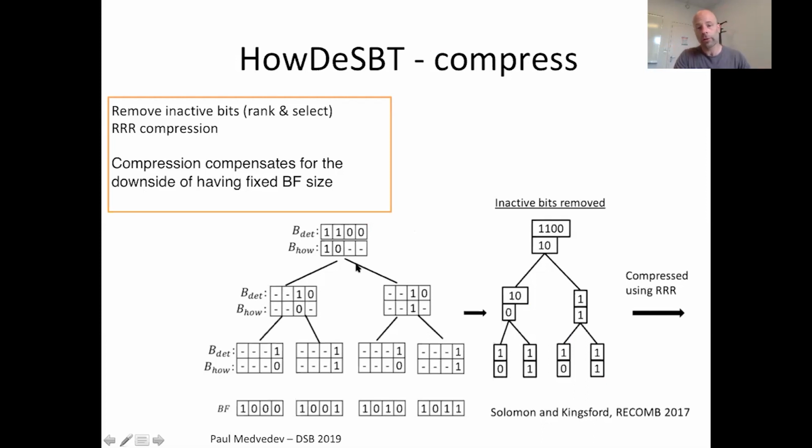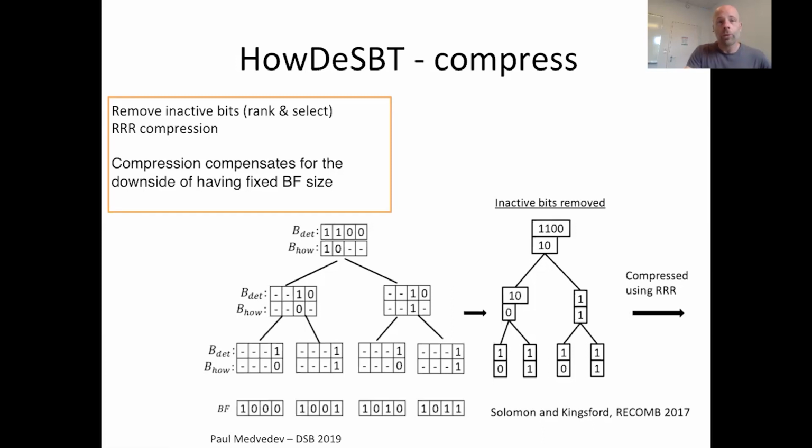And so we do not redundantly store useless bits. And as this is very common in this kind of approach, once we remove inactive bits, we compress the remaining vectors using RRR.